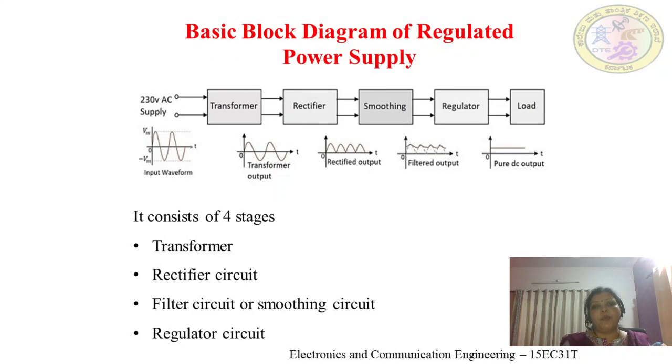Okay, now moving on to the working of the basic block diagram of a DC regulated power supply. Here you can see the block diagram. There are 5 stages, including the input stage and load.